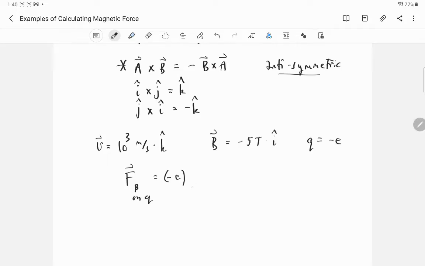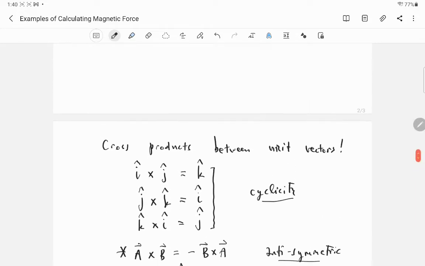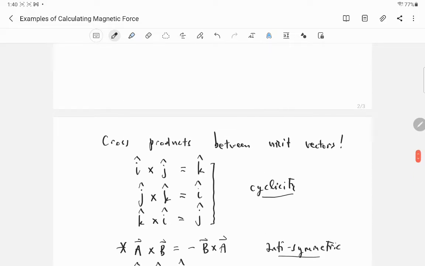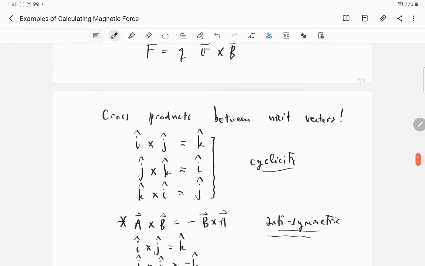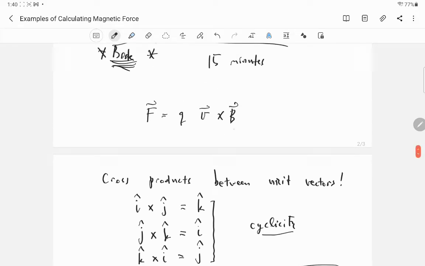So very carefully, right? The force law, let me put it here. The force law is carefully written. You put v first and the magnetic field second. And because of this anti-symmetry property, putting the magnetic field first is wrong.